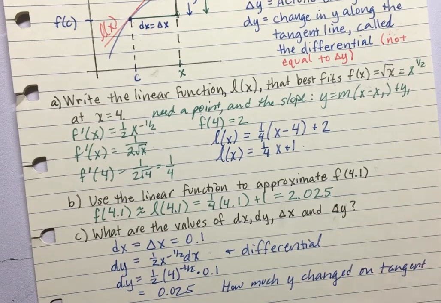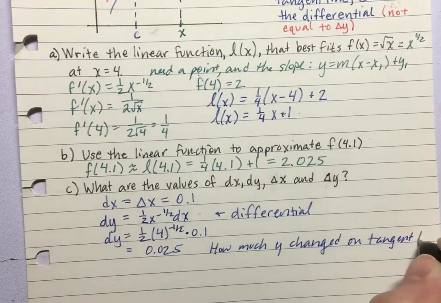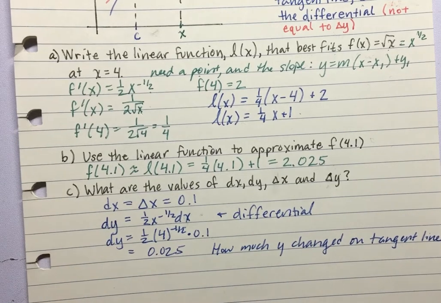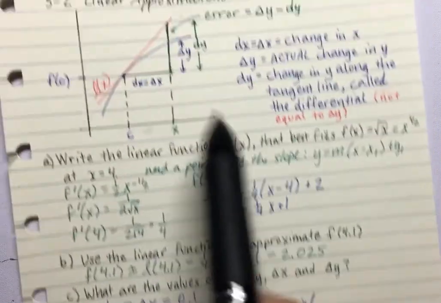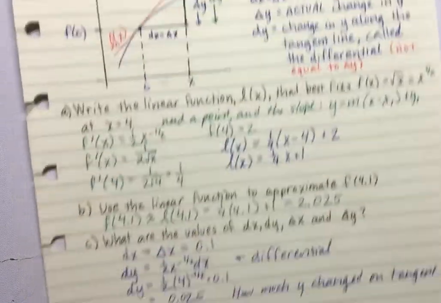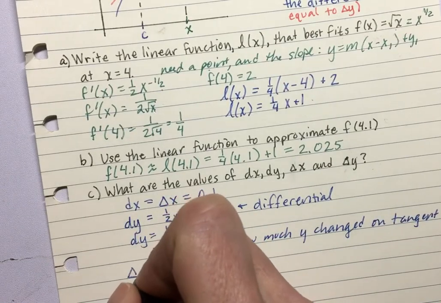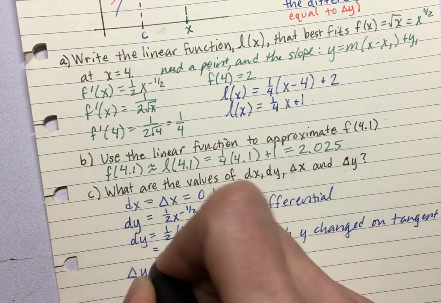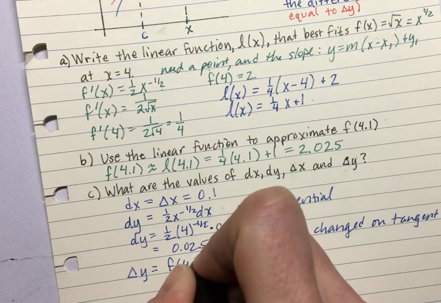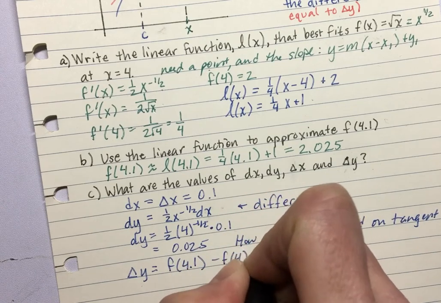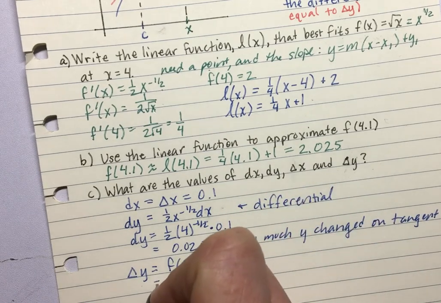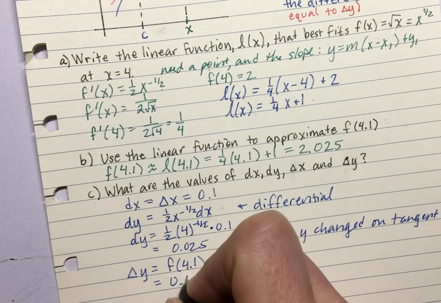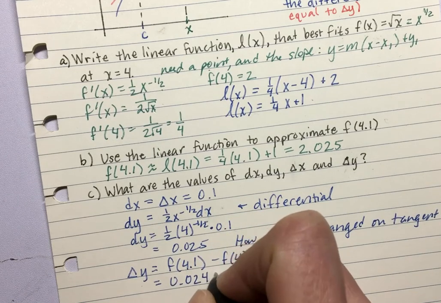Write that down. Okay, now finally our delta y, that's how much y actually changed. So our delta y is going to be f of 4.1 minus f of 4, which if we throw that in our calculator, we get 0.0248.